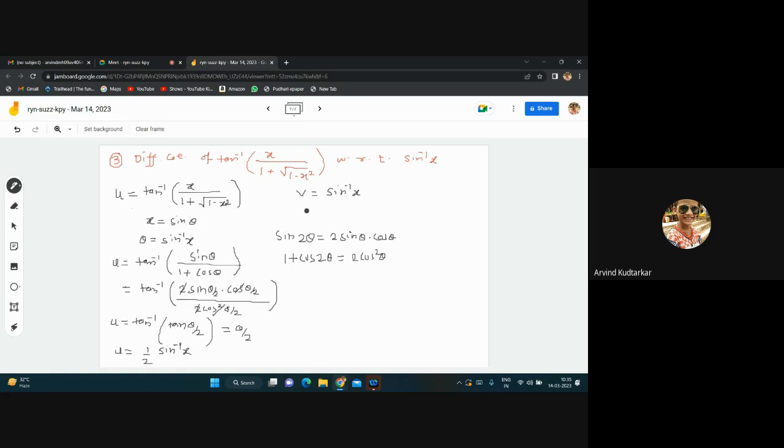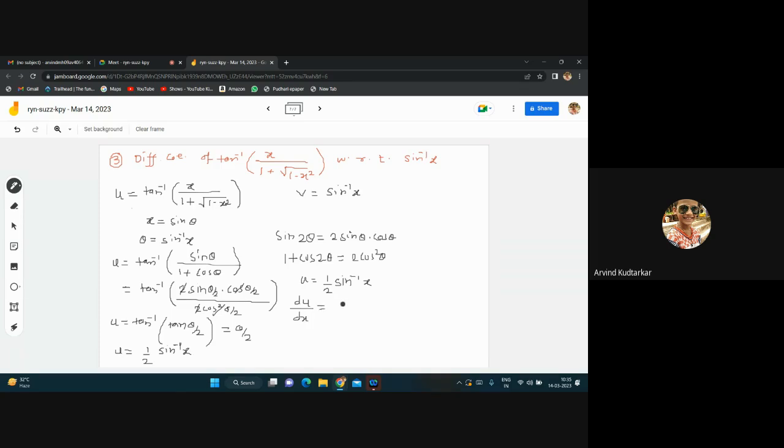Okay. What is v? V is sin inverse of x. U is equal to half into sin inverse of x. And what is du by dx?